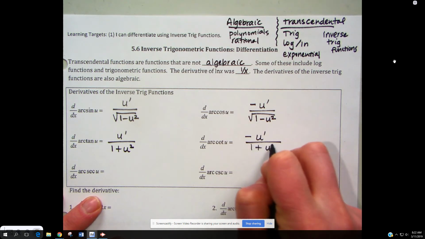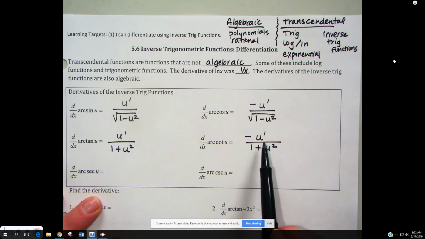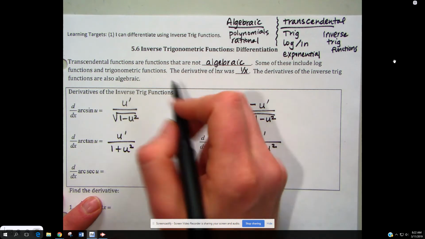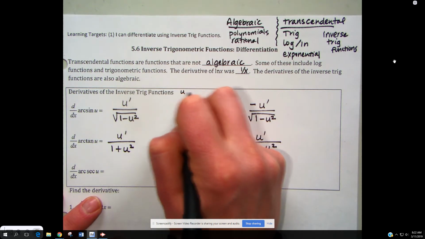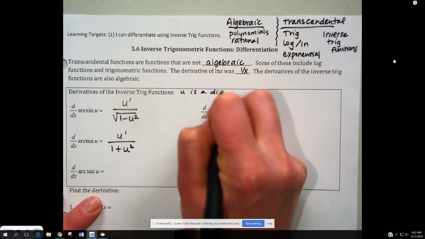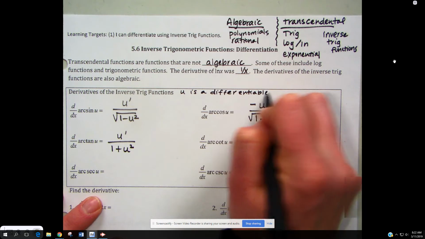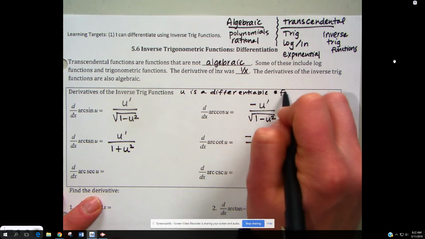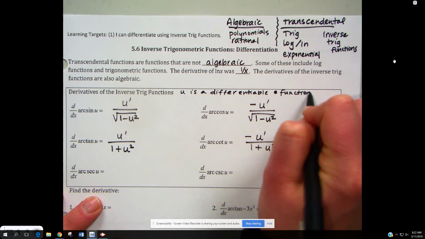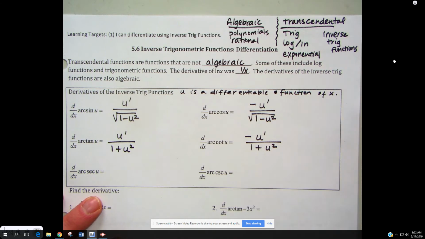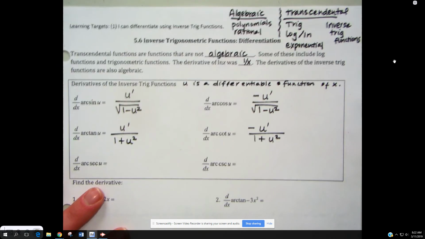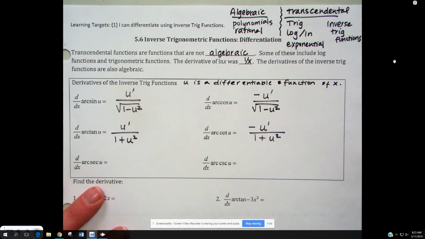I also want to point out all of these are written with u's rather than x's. If you wanted to make a little note to yourself here, u is a differentiable function of x. So we're implying the chain rule on each and every one of these.